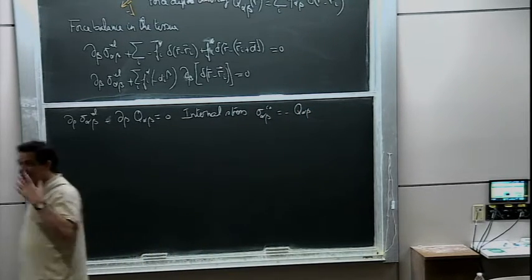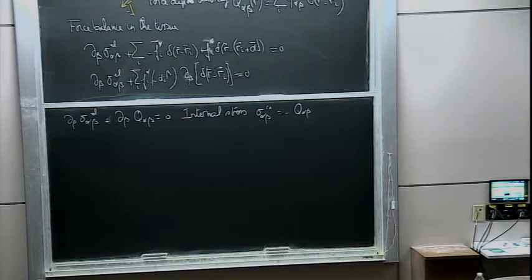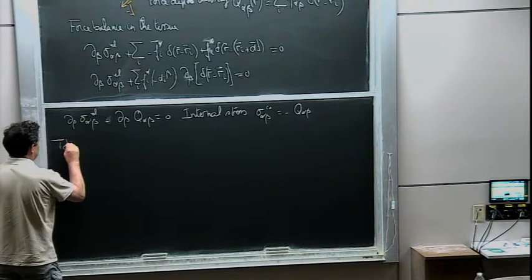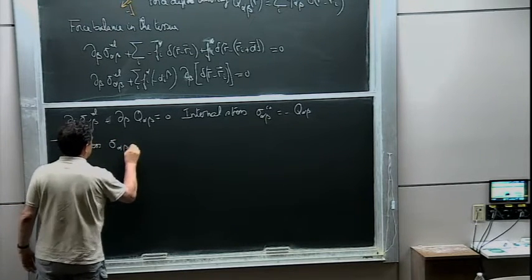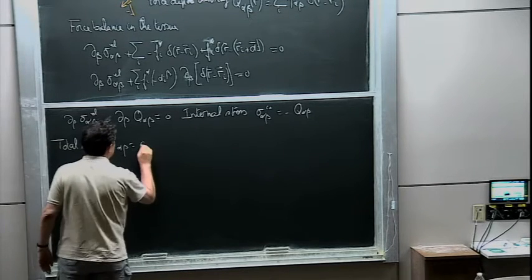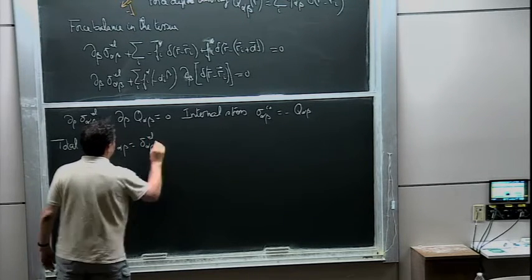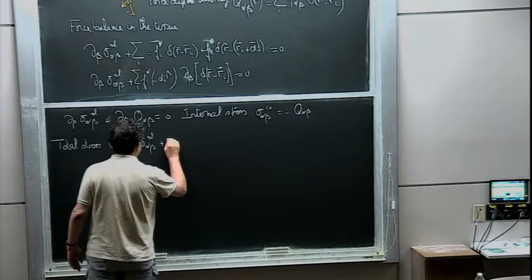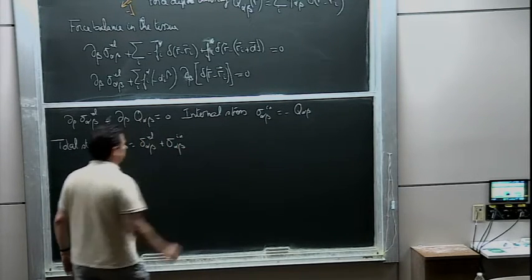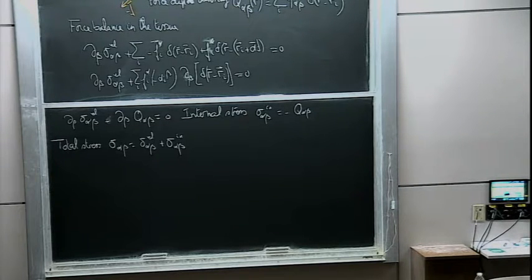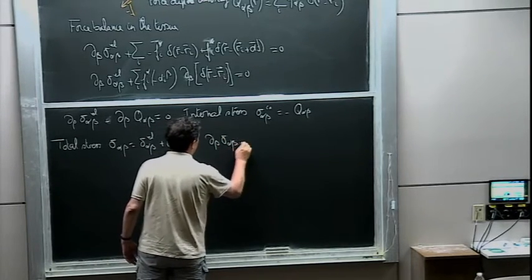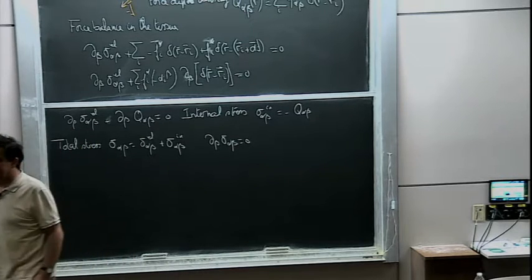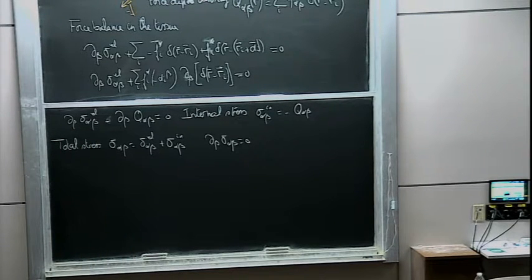And then in the tissue, everything happens as if I had a total stress, σ_αβ equals σ_αβ^elastic plus the internal stress. And the force balance in the tissue is just that the divergence of this stress is 0. So ∂_β σ_αβ is 0.